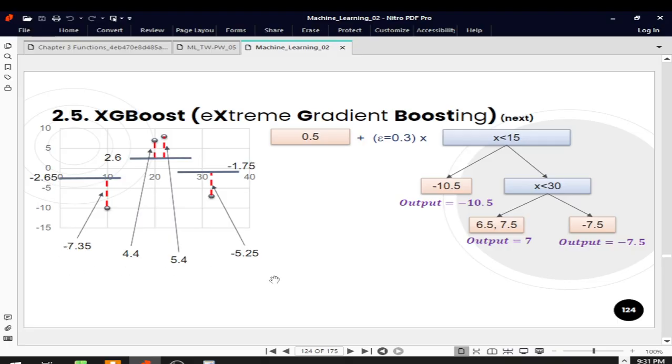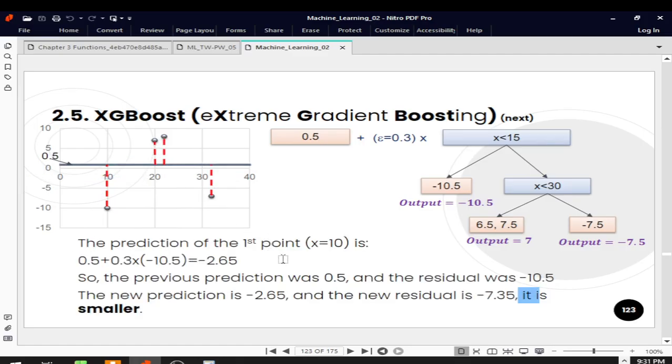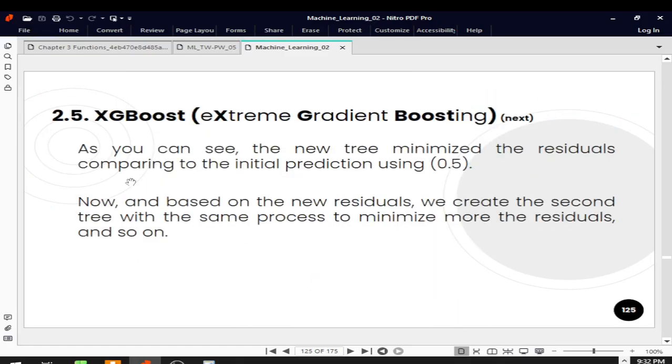Now that we have the new residuals, if we compare them to the old ones, it's obvious they are getting smaller, and this is the goal of XGBoost. As you can see, the new tree minimized the residuals, it's the first tree, compared to the initial prediction using 0.5.